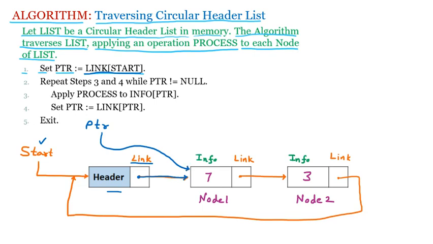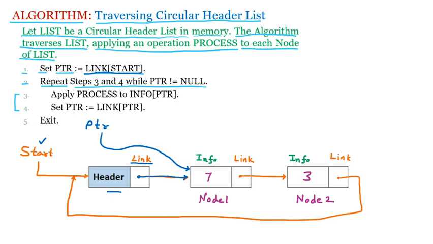Then we go to step 2, which says repeat steps 3 and 4 while PTR is not equal to NULL. PTR is pointing to node 1, so it is not null. When it becomes null, we will stop. Then we work on steps 3 and 4.